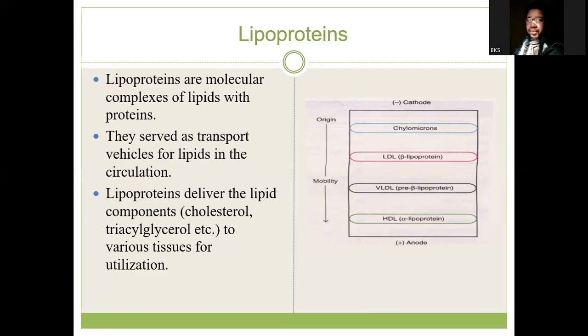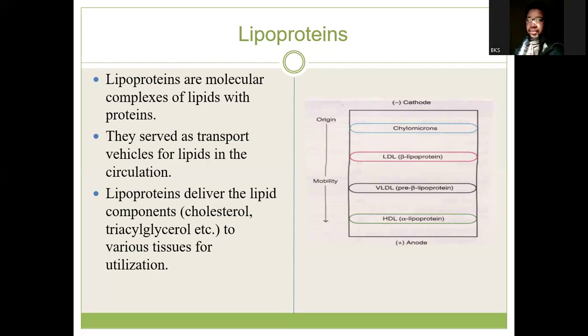They need a vehicle, and that vehicle is these lipoproteins, where some lipids, most especially the water-insoluble lipids, will combine with some proteins to form a macromolecular complex. This macromolecular complex called lipoproteins is responsible for transporting the lipids to different parts of the body. We are going to see the structure of these lipoproteins.